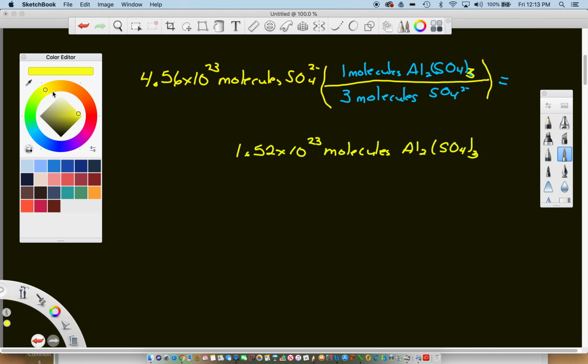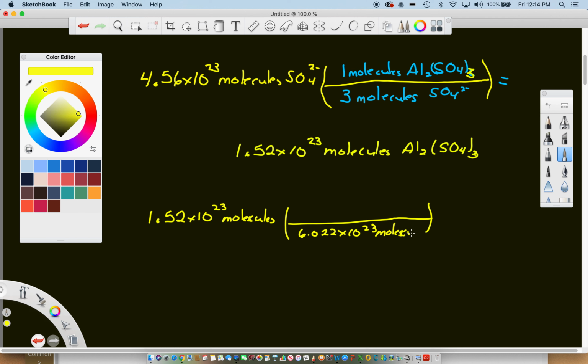So we can convert that to moles of aluminum sulfate. 1.52 times 10 to the 23rd molecules of aluminum sulfate. We know for 6.022 times 10 to the 23rd molecules of aluminum sulfate per 1 mole of aluminum sulfate.